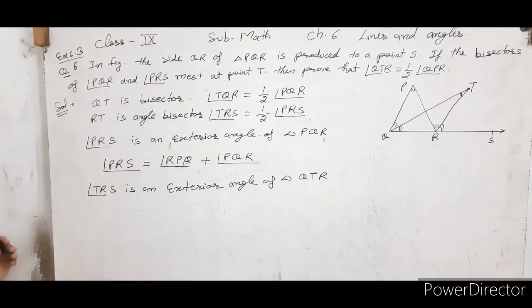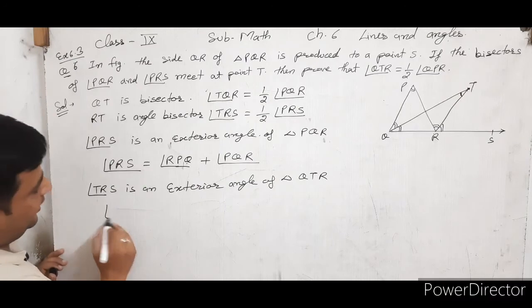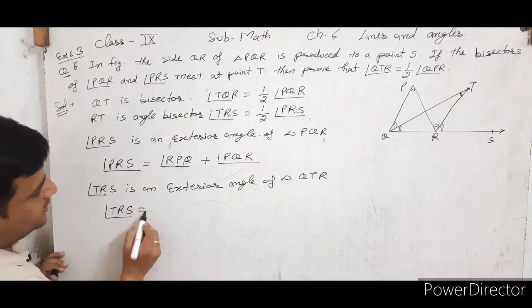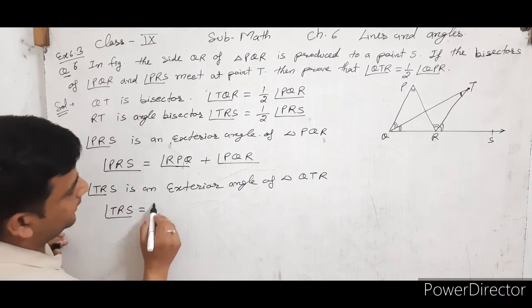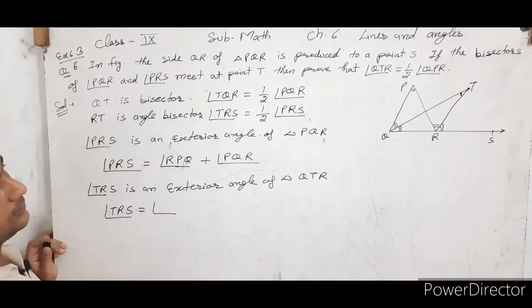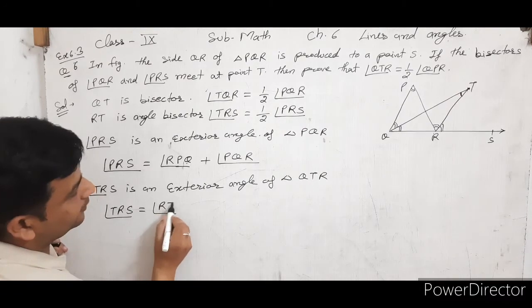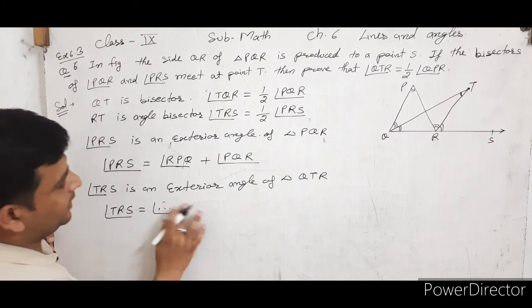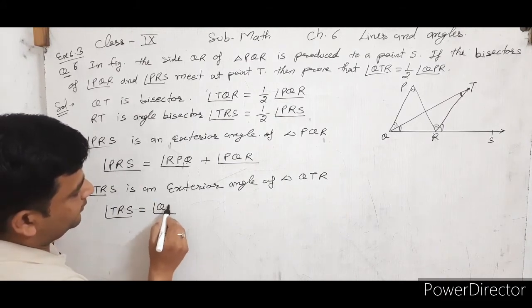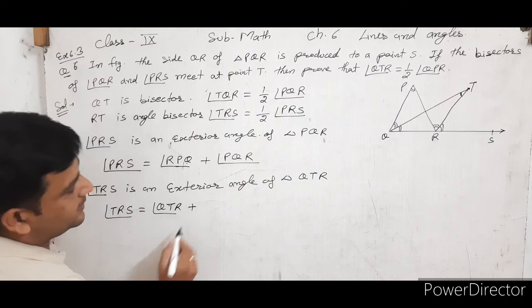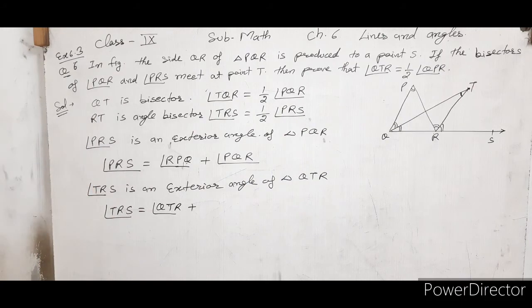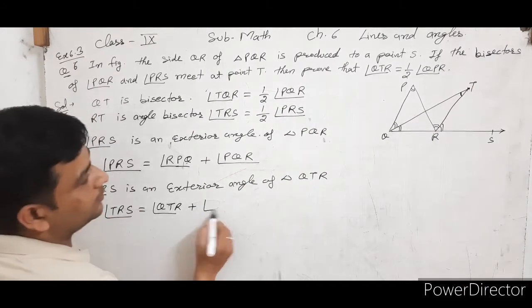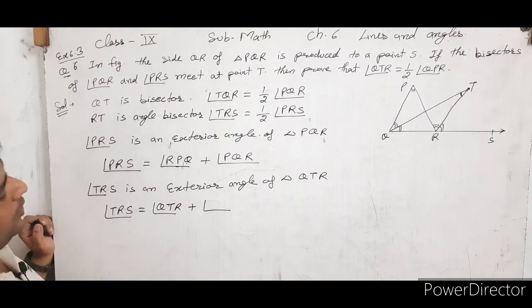Then again, the exterior angle TRS is equal to angle RTQ or QTR plus angle TQR.